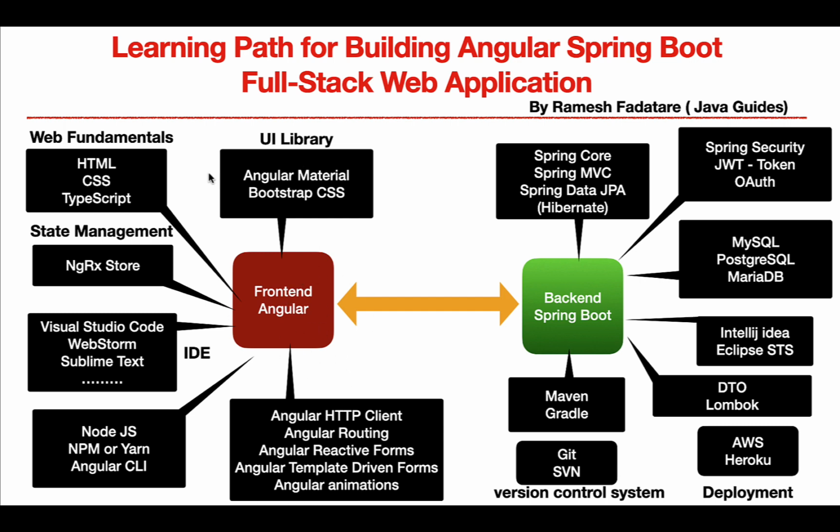Okay, so these are the bare minimum technologies or libraries that I have listed over here, but you may encounter many other advanced libraries while developing real-time applications. Well, these are the technologies and libraries that you need to learn to get started with developing an Angular front-end application. Well, next move on to Spring Boot backend application development.